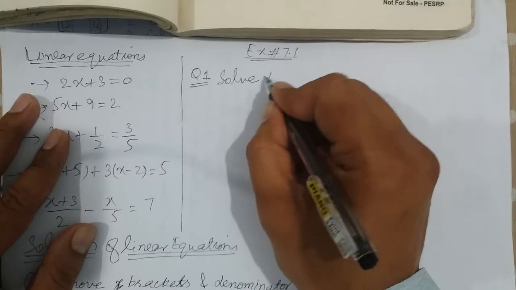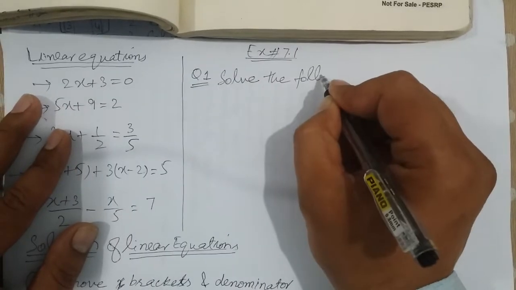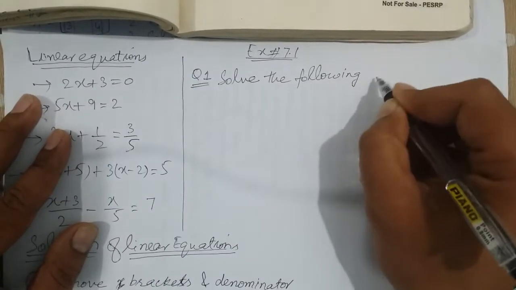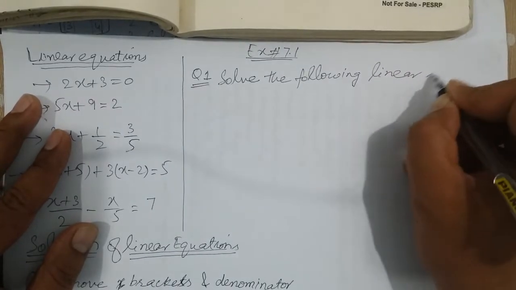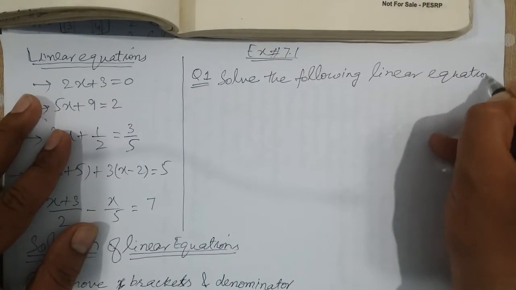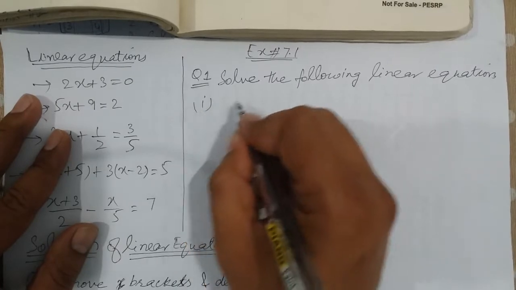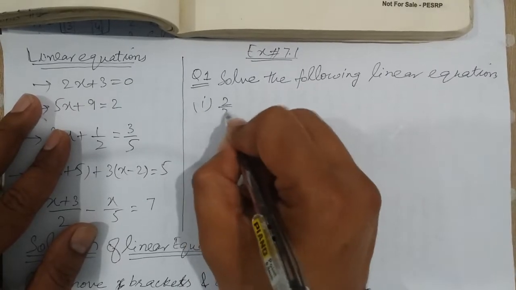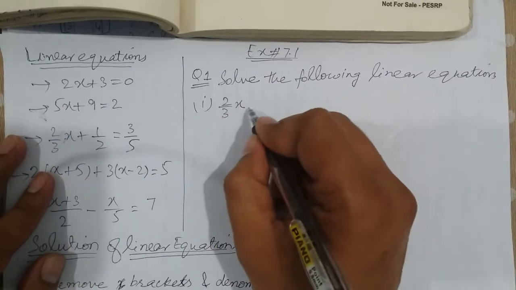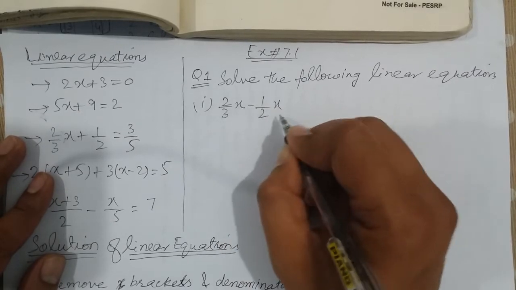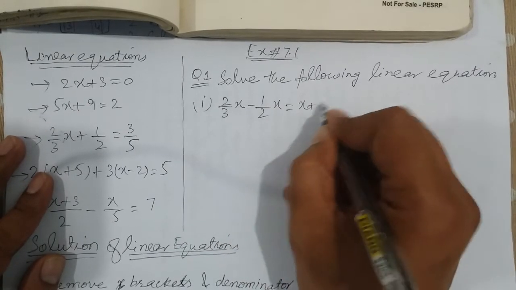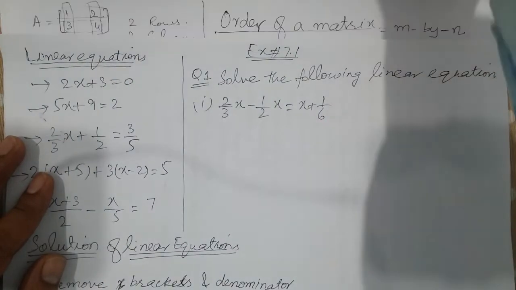First part is 2 over 3x minus 1 over 2x is equal to x plus 1 over 6.